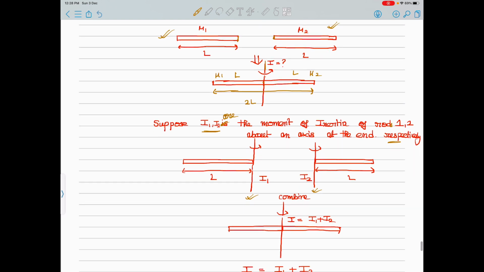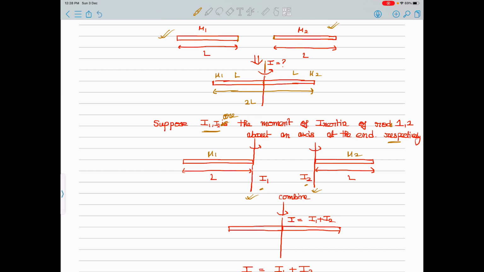So for rod 1 having mass M1 and this having mass M2, the moment of inertia about the end of the rod is I1, and here also about one of the ends is I2. If the masses were equal, then the moment of inertia would have been equal. But since M1 and M2 are different, the moment of inertia will be different. So we will derive what the moment of inertia is at the end of the rod, perpendicular to the rod.